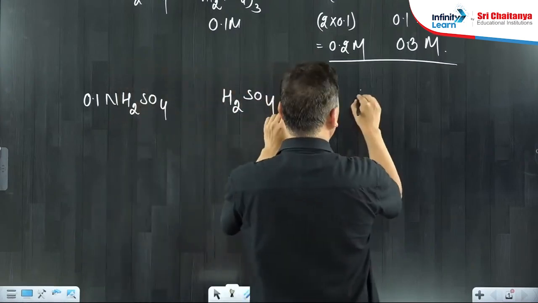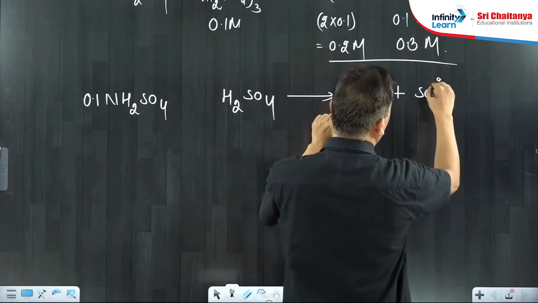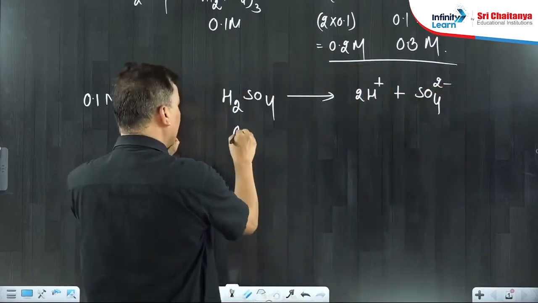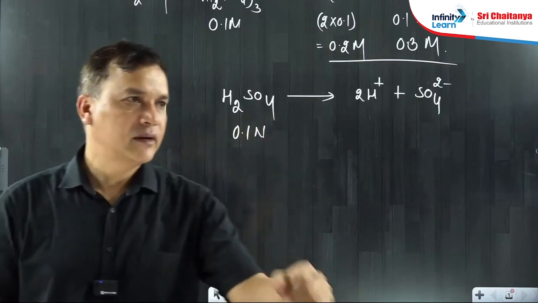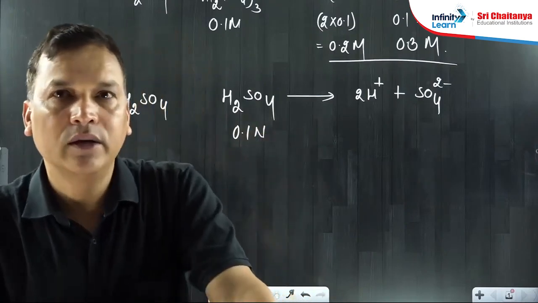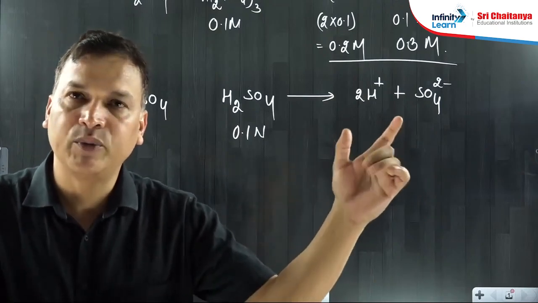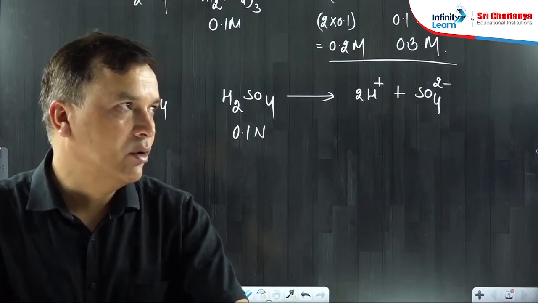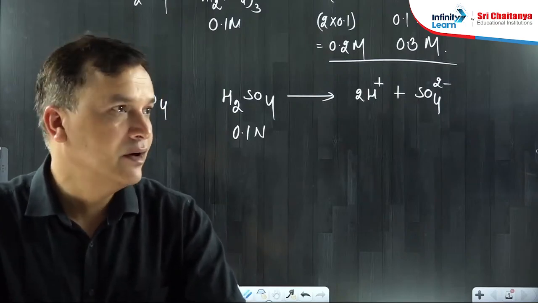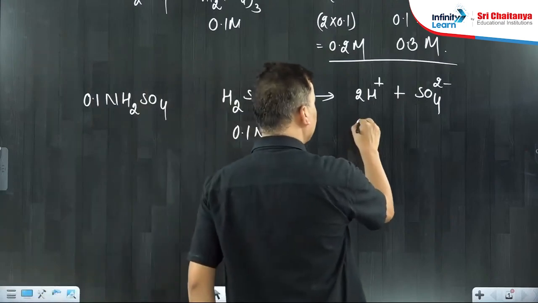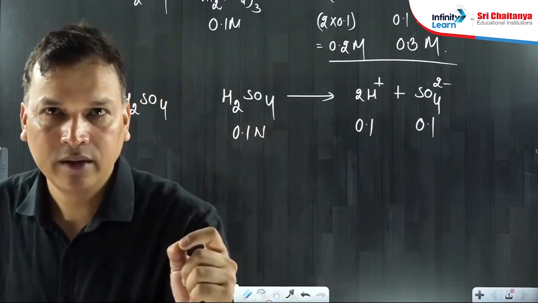It will give you 2 H positive and SO4 2 negative. What about the normality of the sulfuric acid? 0.1. Just tell me, what will be the normality of the H positive? You write, then I will write on the board. Anyone? It is 0.1.